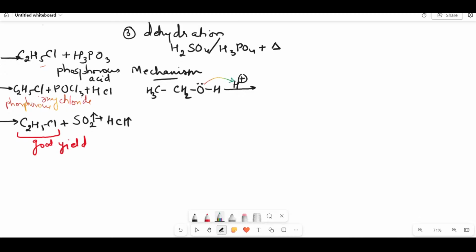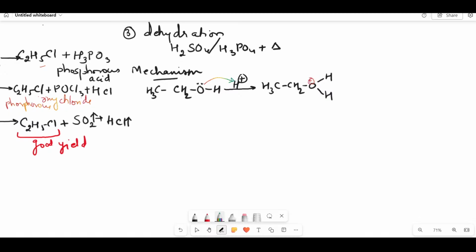So, this now turns into H3C, CH2, O. This gets linked over here. So, I get one H here and this H as it is. Since the oxygen has pulled the hydrogen towards it, it now has a charge of plus.